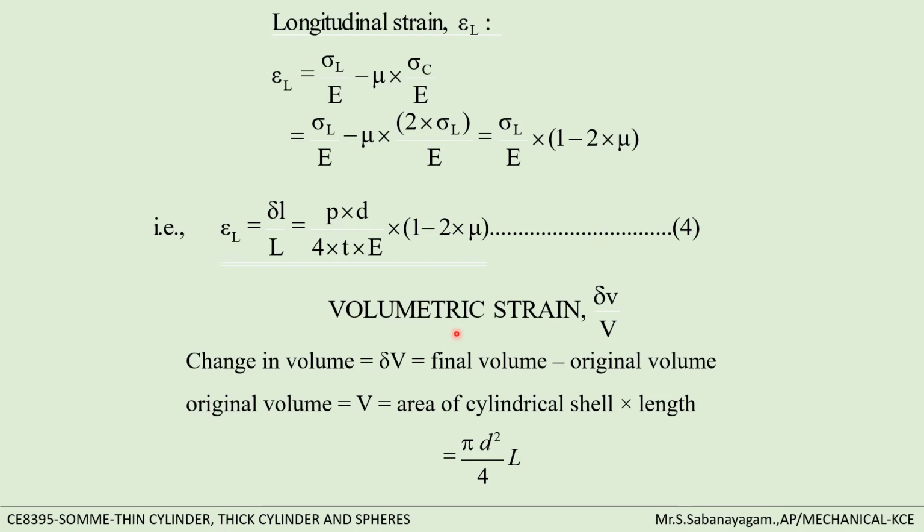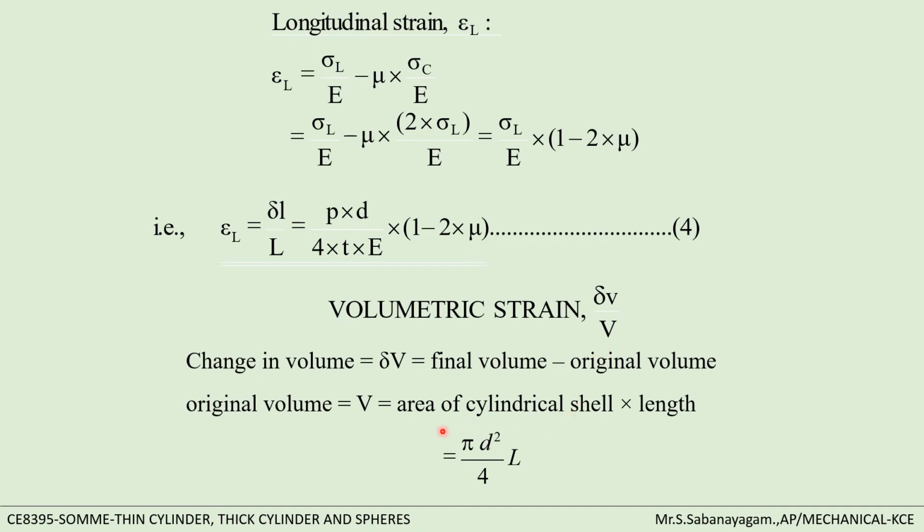And the next one is volumetric strain. So volumetric strain is nothing but change in volume by original volume, right? So change in volume is nothing but final volume minus original volume, right? So original volume is nothing but volume of the cylinder. So area of the cylinder will be pi by 4 d square, and when multiplying with the length of the cylinder, we will get volume of the cylindrical shell.